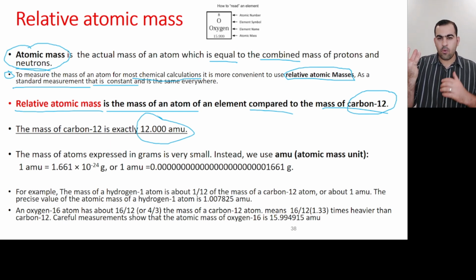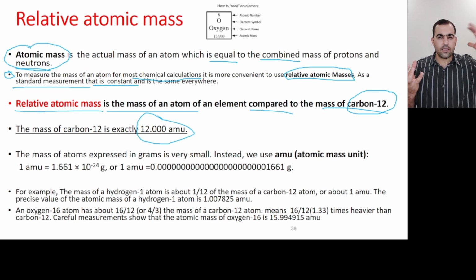Carbon-12, 12 AMU. What about the mass of the other atoms? Hydrogen-1, hydrogen-2, hydrogen-3, helium-3, oxygen-16, all the isotopes in nature. How can we measure them? They measured carbon-12's atomic mass, which is 12 AMU, and they compared.